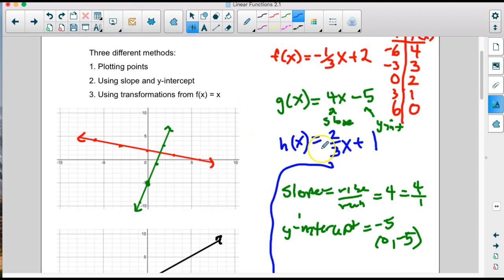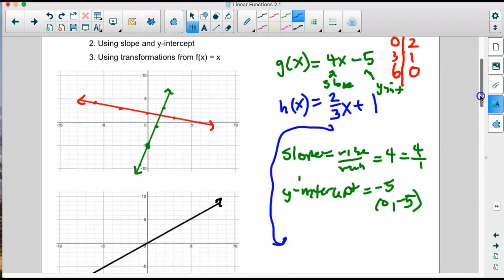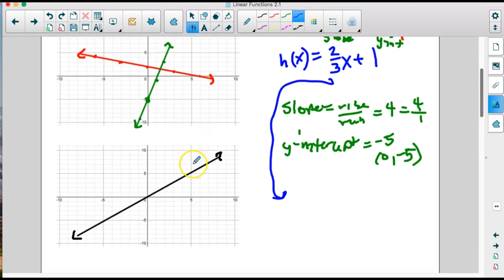Okay, there we are, a little easier to see. So instead of 1, 1, we go to 2/3. At 3 it would be 2. It's 2/3 of what it is. At 6 it would be 4.